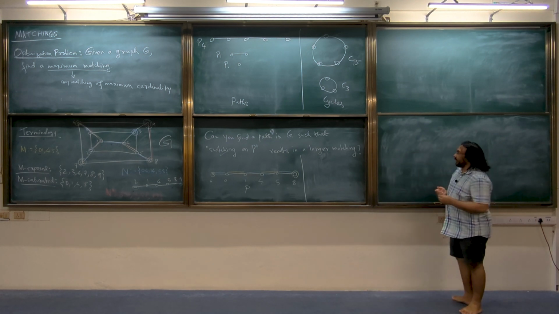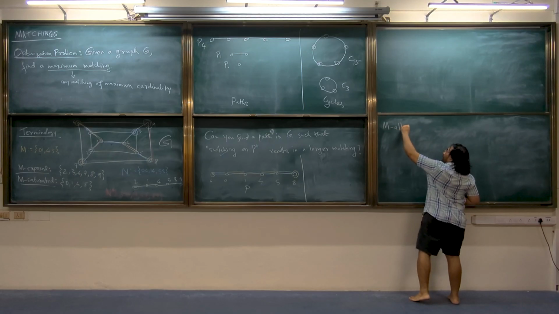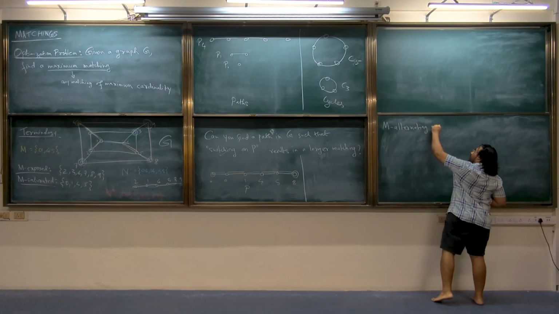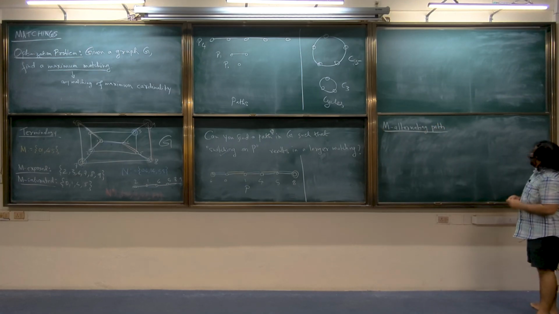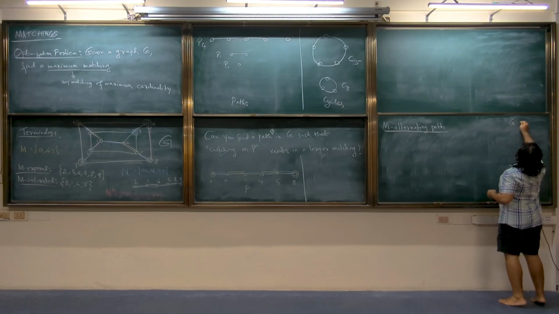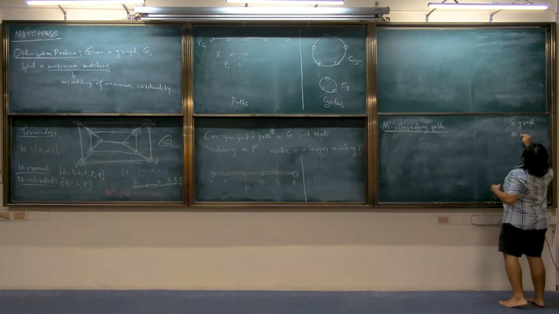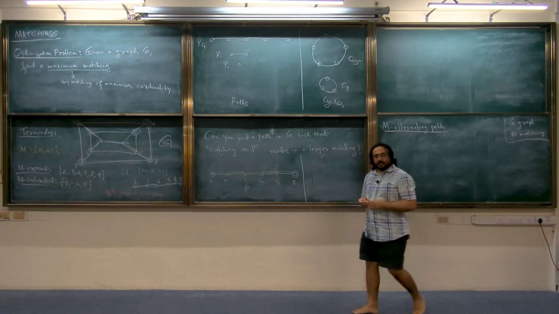We'll define one more term before we define this. We'll define an M alternating path. Here G is a graph, M is a matching. And the name basically tells you what it is.